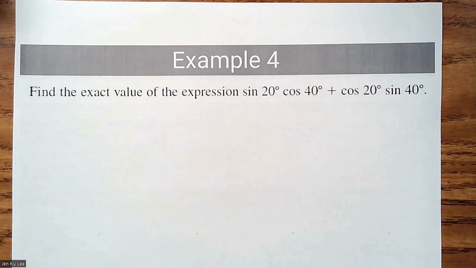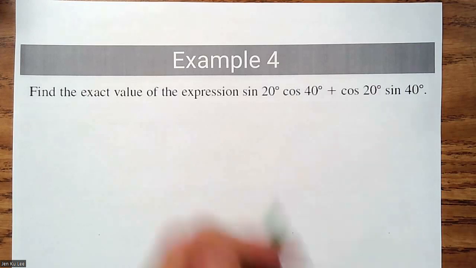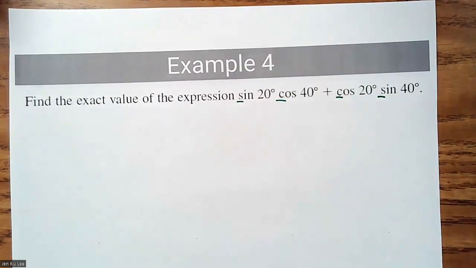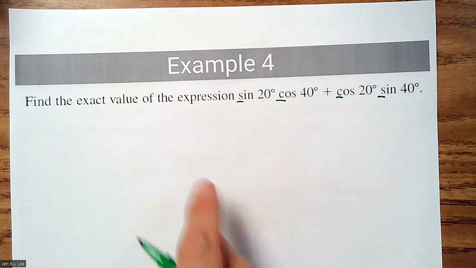So I know that we're multiplying sine and cosine, right? So that reminds me of the sine and cosine functions of addition and subtraction, those formulas. So what I do is, okay, it's S, C, C, S. I know sine can't change signs, cosine switches signs.